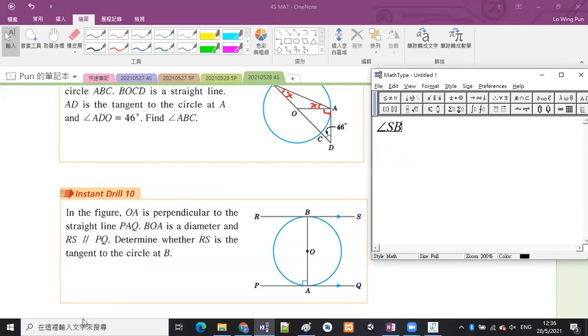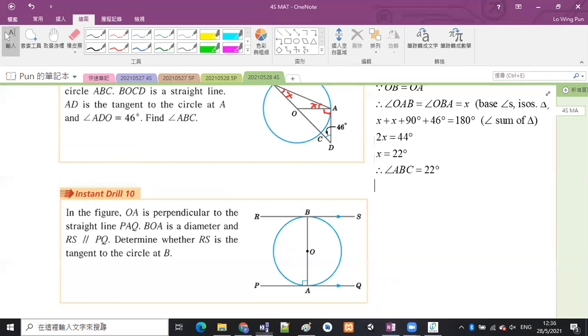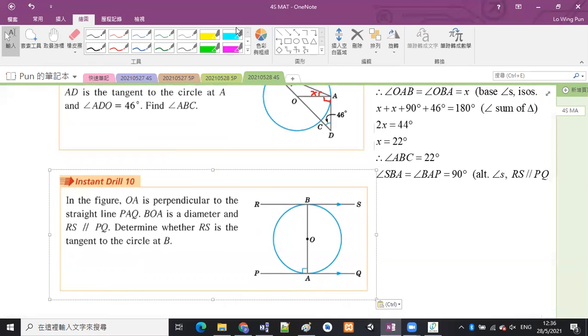Angle SBA should be equal to angle BAP, and they are both equal to 90 degrees. And this is alternate angles where RS is parallel to PQ. Okay, so I just say that this angle is also equal to 90 degrees.